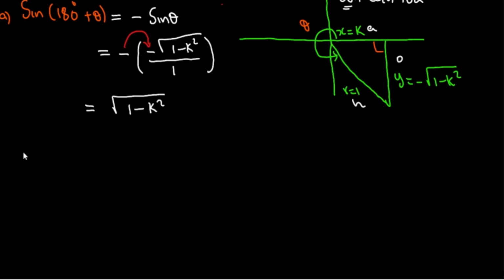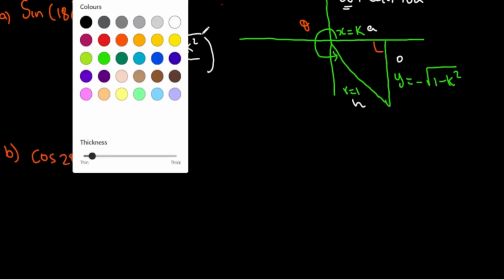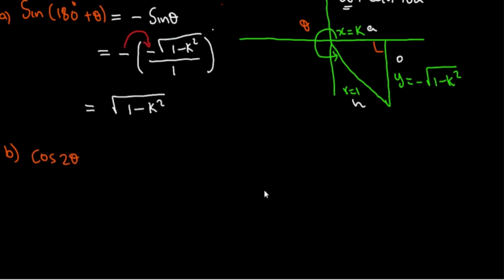On B, they want us to find the cos 2 theta. So we need to find a way that we can use, but remember, we have identities that we can choose from. I think it's about time I teach you how to study smart, or how to answer your exam questions smart. It's all about being smart. Don't study hard, but smart.